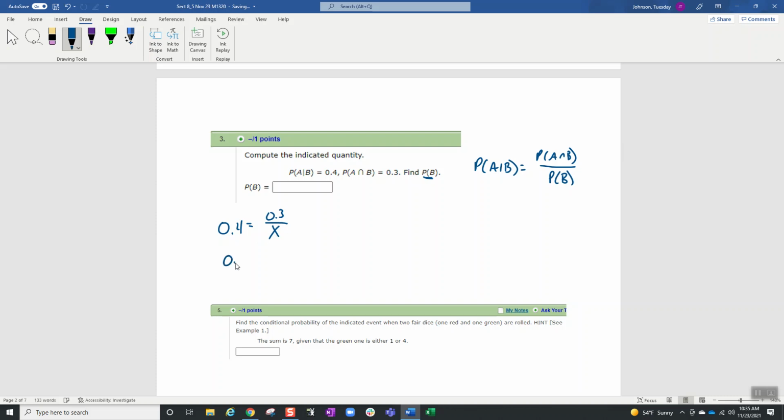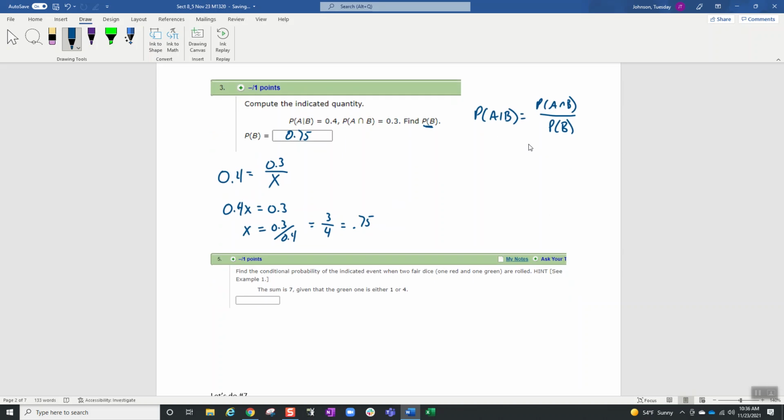I'll multiply both sides by x, and then divide by 0.4. To simplify, both of these are tenths, so we multiply both the numerator and denominator by 10, or just use your calculator on this step. There's a 75% chance that B happens if the probability of A given B is 0.4 and the probability of the intersection is 0.3. We can find that value through a little bit of arithmetic, but it always comes back to this formula.